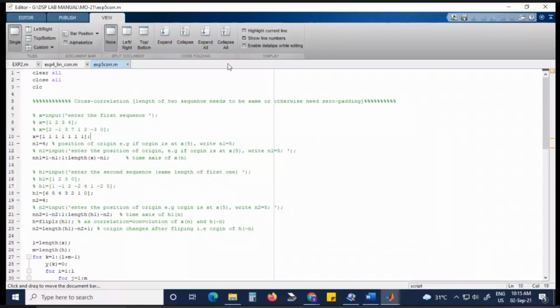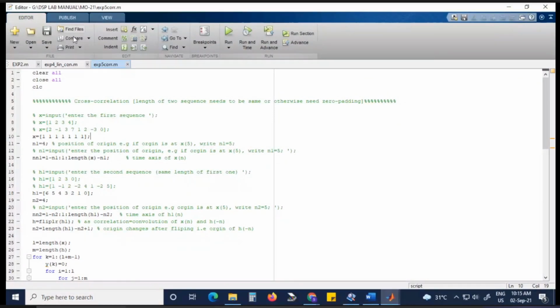I will zoom it out. There is some command that can increase the size of the text. You can go to view.